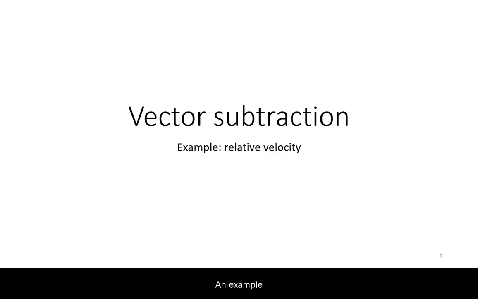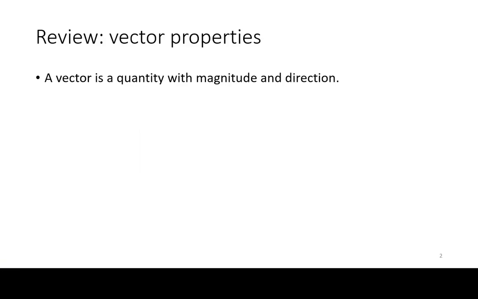An example of vector subtraction is relative velocity. As a reminder, a vector is a quantity with magnitude and direction.